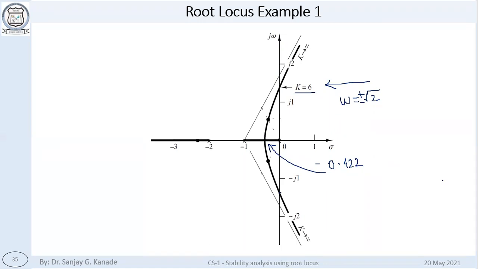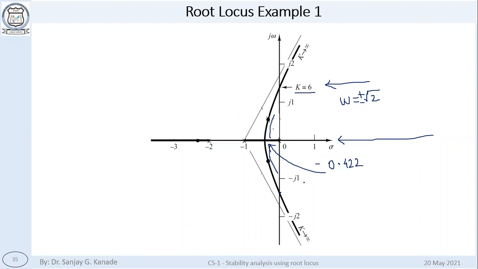The final drawing has to be done freehand, and you also have to take care that the root locus remains symmetric about the real axis. You can see this is the real axis, right? What you have drawn above is the mirror image of what we have below the real axis.